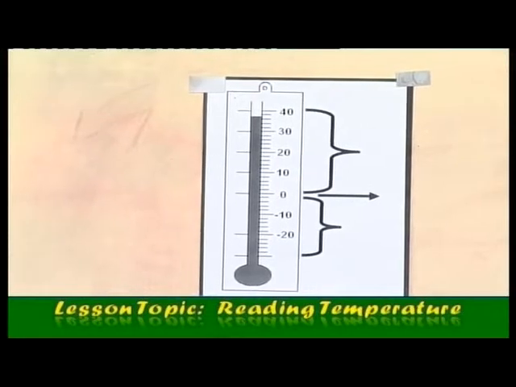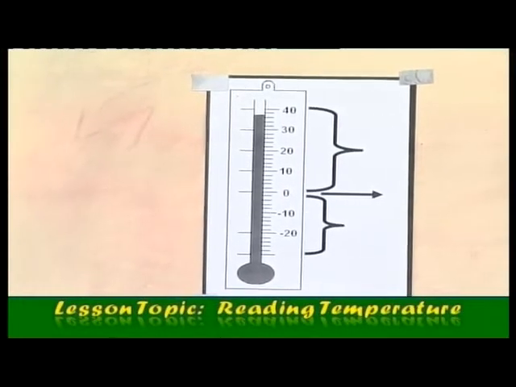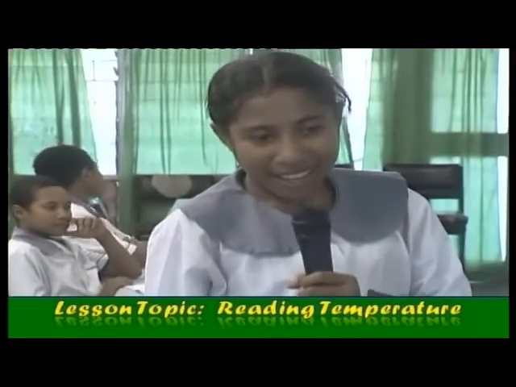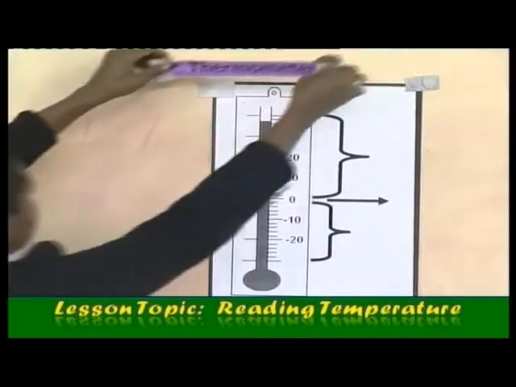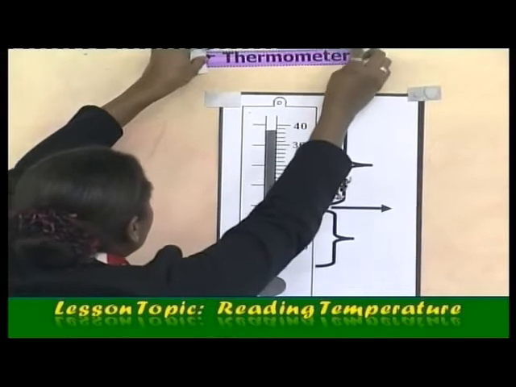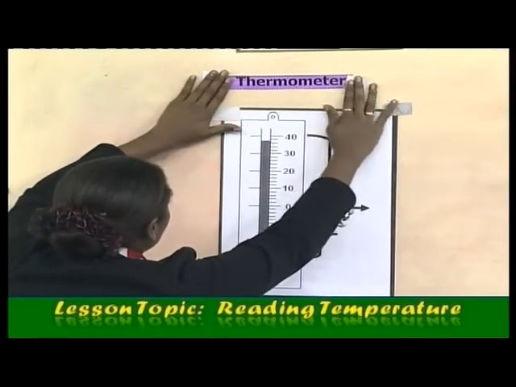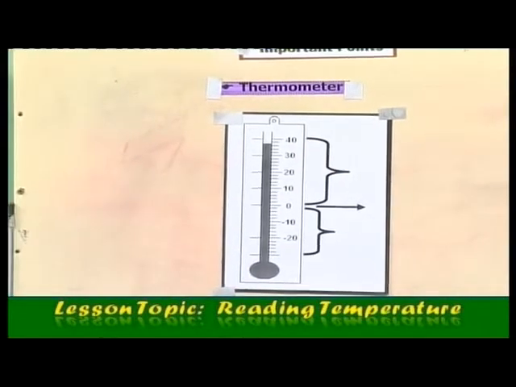Remember, our lesson topic now for today is on reading temperature. Okay, let's have Melissa. Thermometer. Very good. The name of this diagram here is a thermometer. Class, don't forget, this instrument is used to measure temperature.